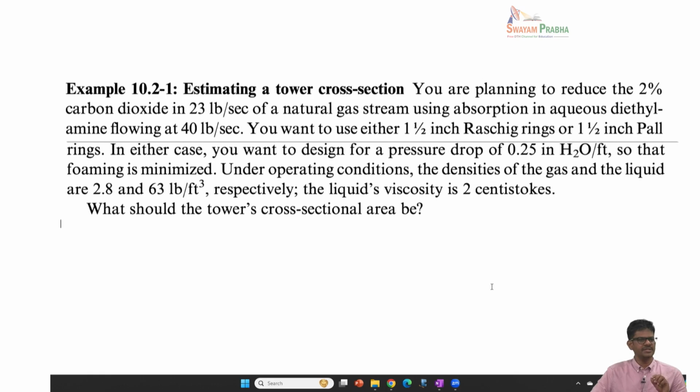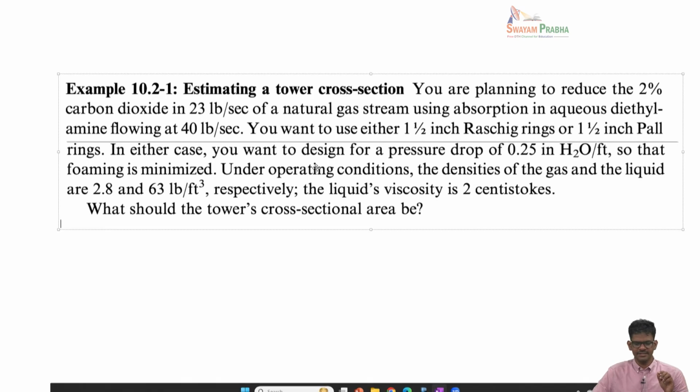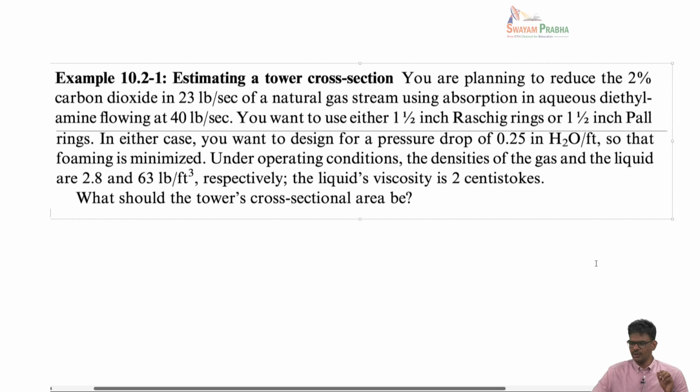The first example is deliberately designed as a simple one because all the units are given in English units, so you don't have to worry about conversion. Whereas in the second problem, I will pose the problem in SI units, and then we have to convert some of the quantities to English units to get the pressure drop, and then back to SI units. But in this problem, this is very straightforward.